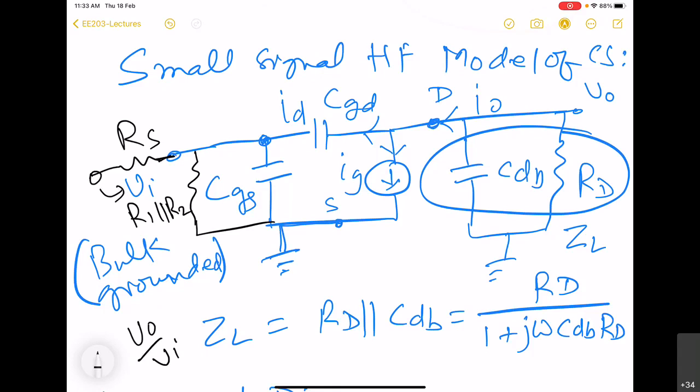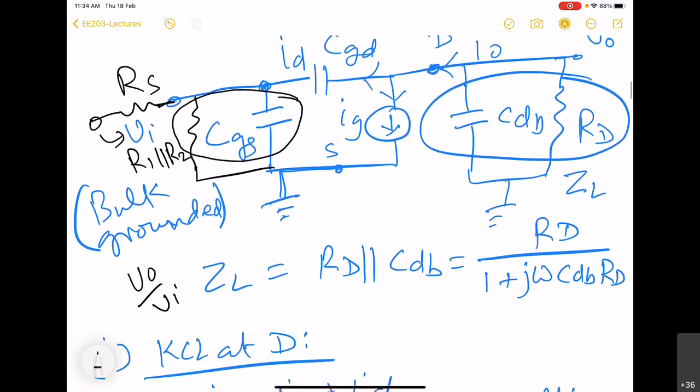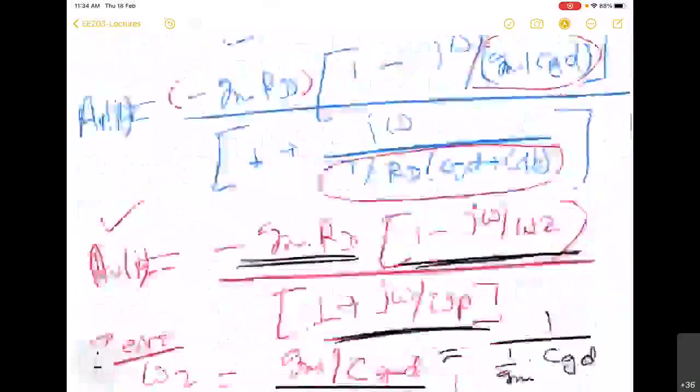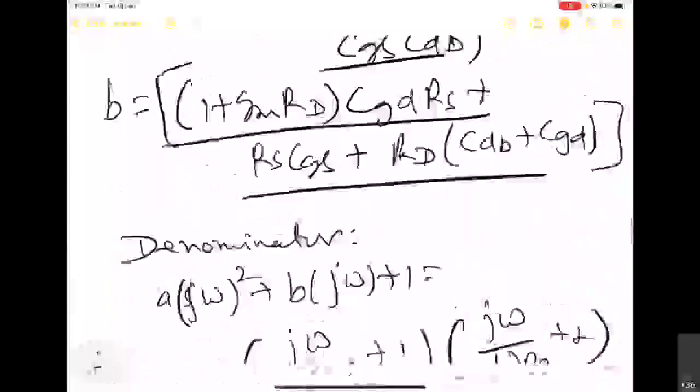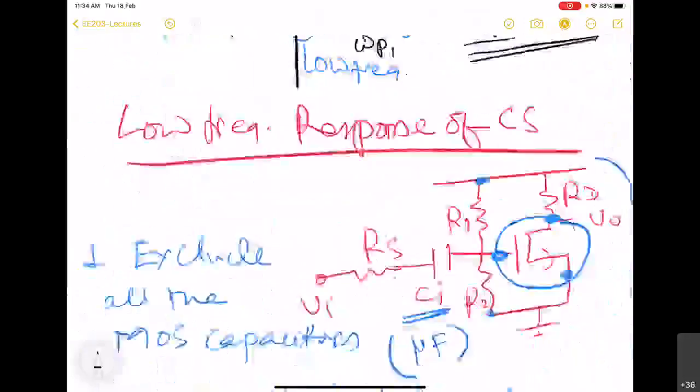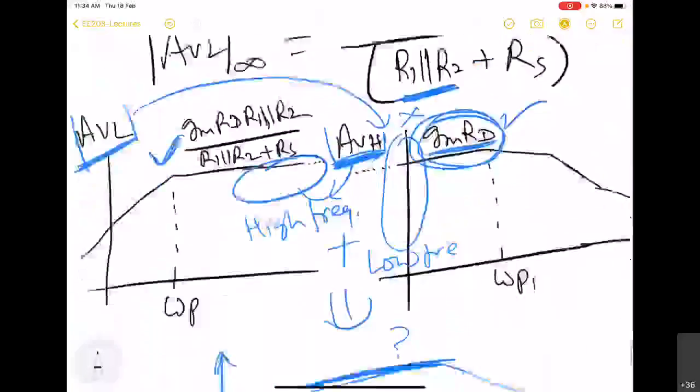And now you can see that the analysis is going to be a lot more difficult, because the CGS is now in parallel with the bias resistor. Nevertheless, at least in principle, one can carry out this analysis and then try to find out the value that we are looking for here, the value for very small frequency.